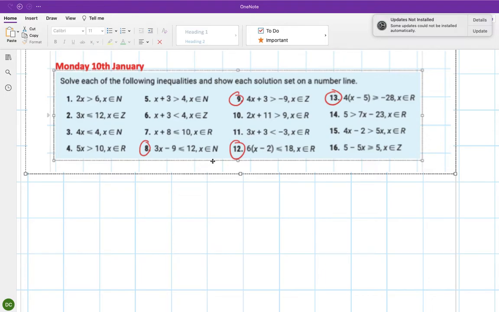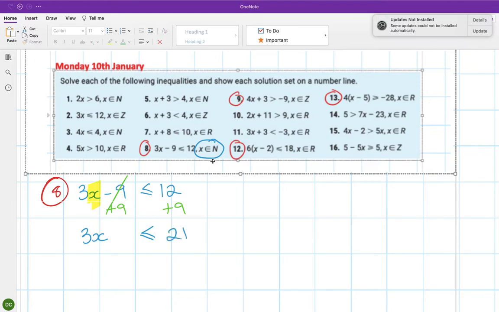So question 8, it is 3x minus 9 less than or equal to 12, and it says that x is going to be a natural number, so for when we're drawing our number line. Okay, so we want to isolate the x, so we plus the 9 to cancel that and plus the 9 on this side. So 3x, copy down the sign, 12 and 9 is 21. And again, we're trying to isolate the x, so we're going to divide by 3 on both sides.